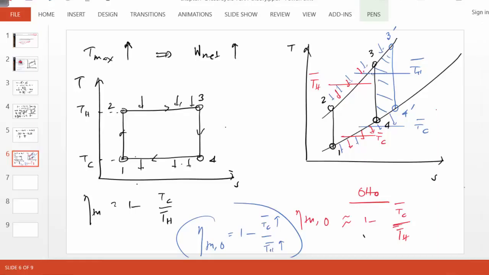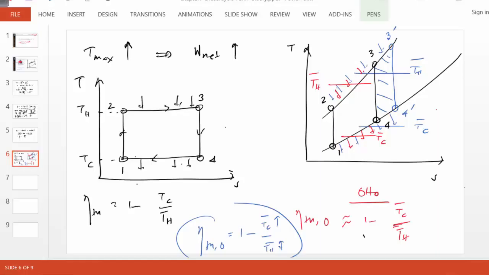Obviously, if in a cycle you find that TC bar is reduced and TH bar is increased, or a combination of the two, then efficiency will surely increase.